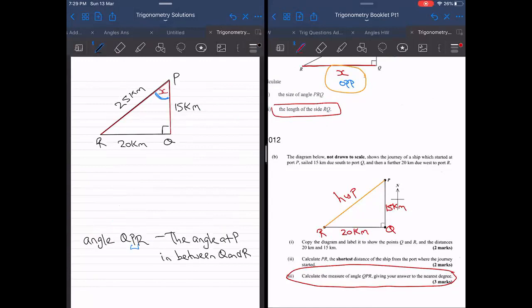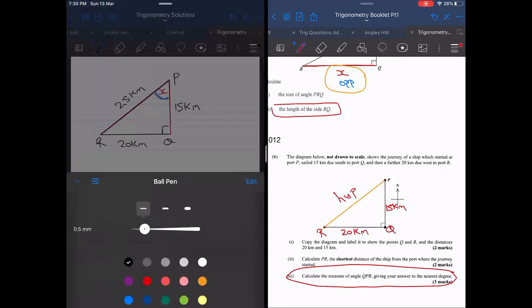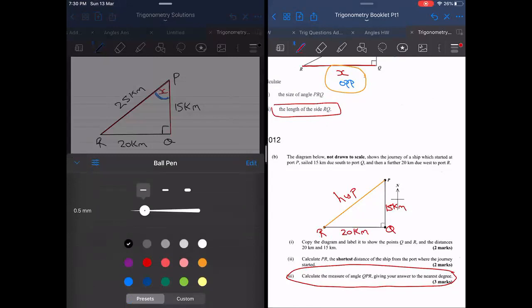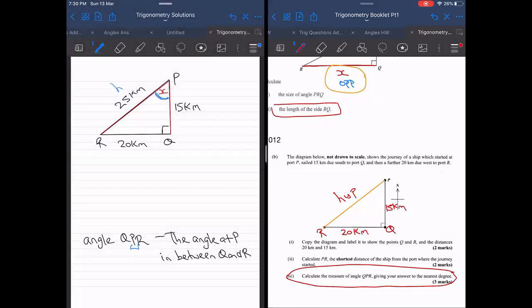So when they say angle QPR, I want you to be able to identify where the angle is, and it's the angle at P that is in between Q and R. You can actually use any of the ratios that you want. It's completely up to you. The side you use depends on what ratio you want to use, but because you know all the sides, it's completely up to you.